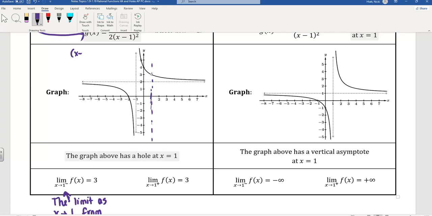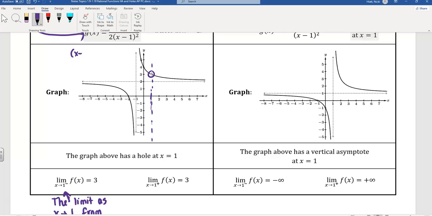At positive 1, if I approach from the left-hand side, so I trace my graph, left hand jumps up here. As I get closer and closer to that vertical line from the left-hand side, I go to this point right here. The y coordinate of that point is my limit. Okay, so the y coordinate there is 3.